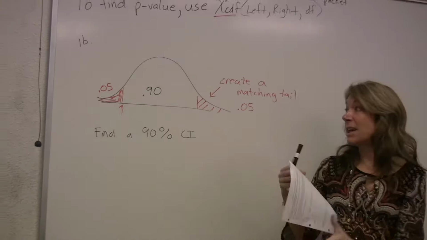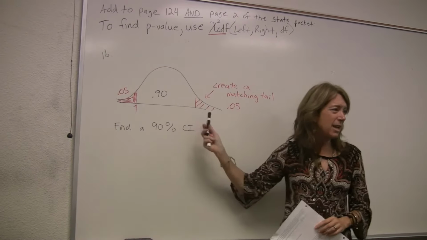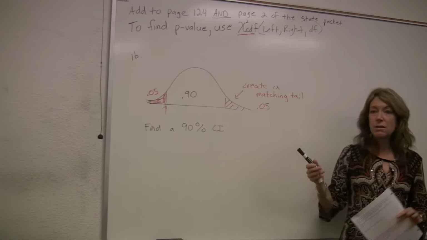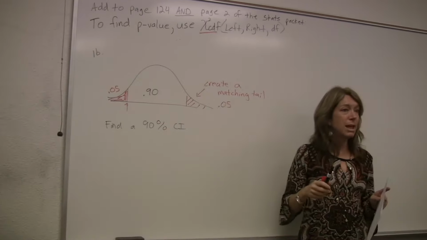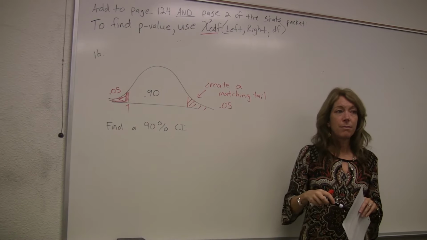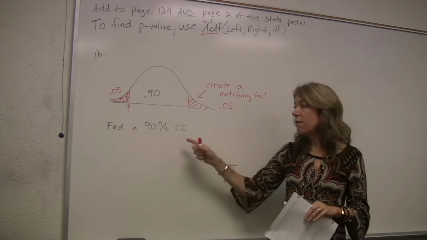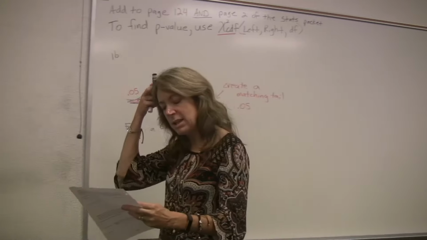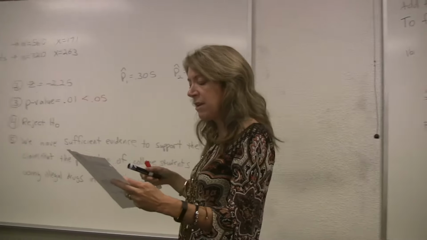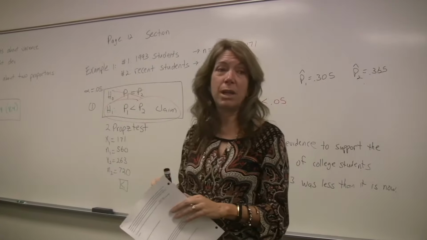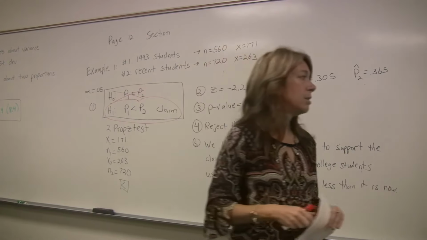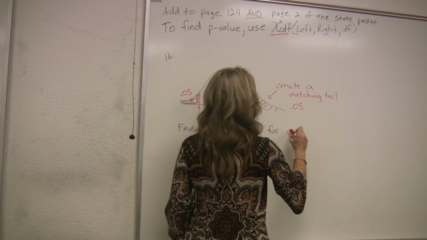But in this case, because I had a one-tailed test, I had to create this extra one over here to figure out what would have been in the middle, to keep it balanced. So now I want to find a 90% confidence interval. Look what it says. The confidence interval for the difference between the proportions. Confidence interval for the difference.